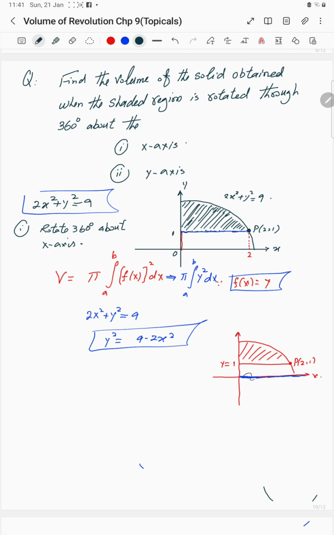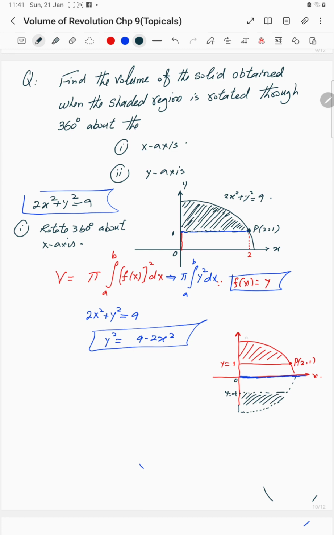Then if I draw it again, it will be like this, and x is equal to 1, so it is y equals minus 1. If it is y equals 1 above the x-axis, below it will be y equals minus 1.